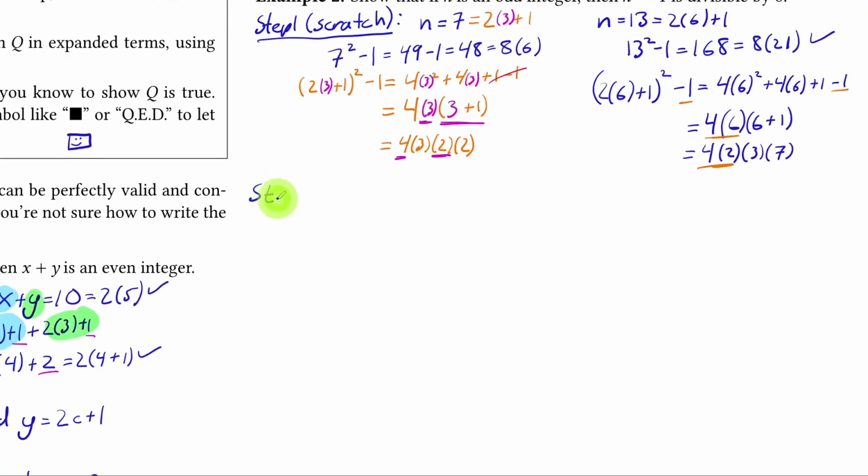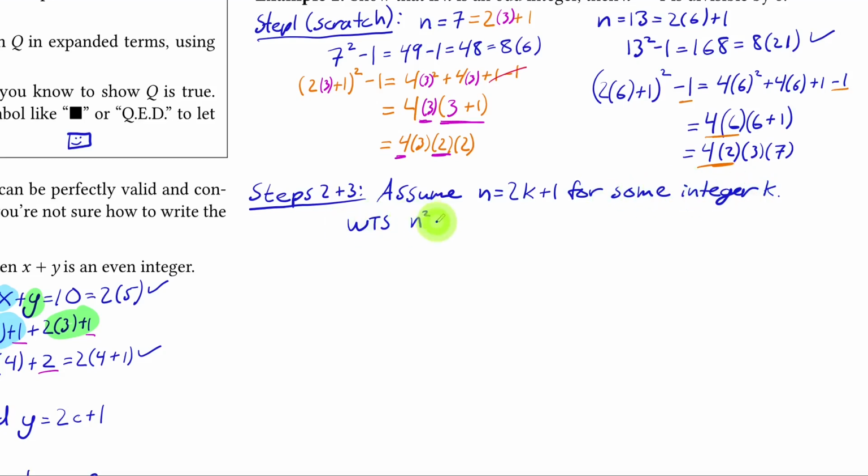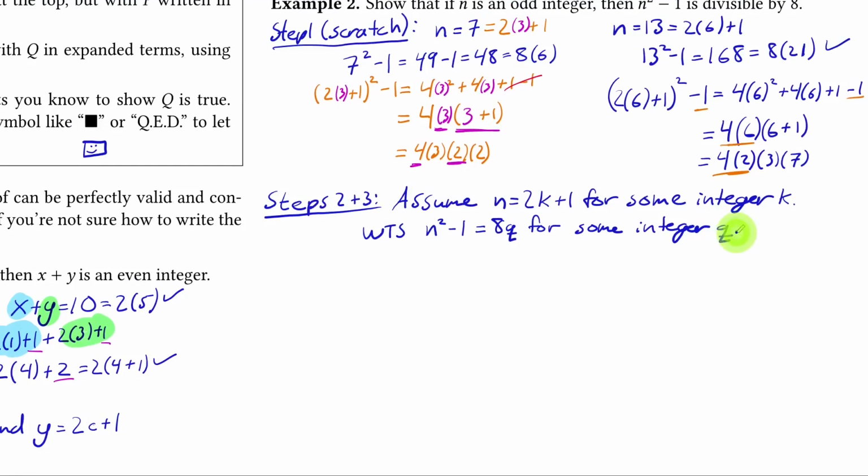Let's write steps 2 and 3 here. Okay, so that's our goal, to show that n squared minus 1 is equal to 8q for some integer q, because that's what it means to be divisible by 8.